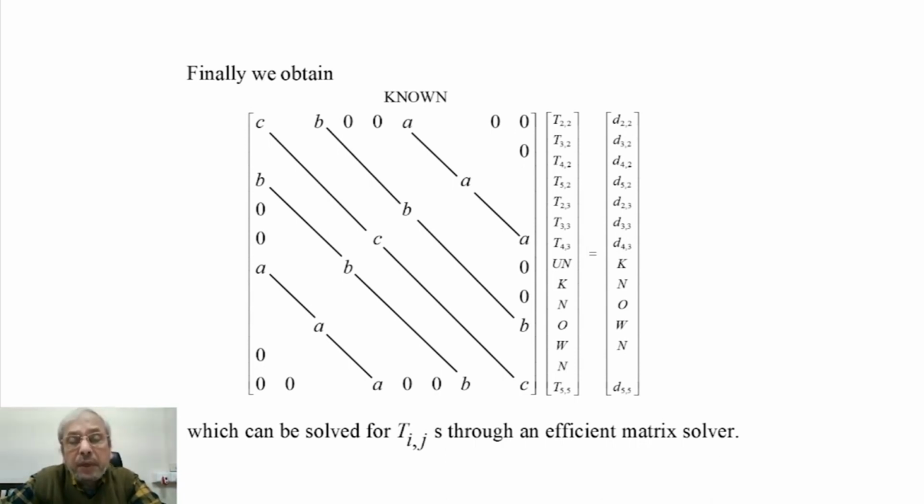So for pentadiagonal matrices, we can adopt Crout's algorithm, or we can follow the Gaussian elimination method. Whatever you prefer, you can do that. If needed, I will give a special lecture on Crout's algorithm, like we have discussed the Thomas algorithm earlier.